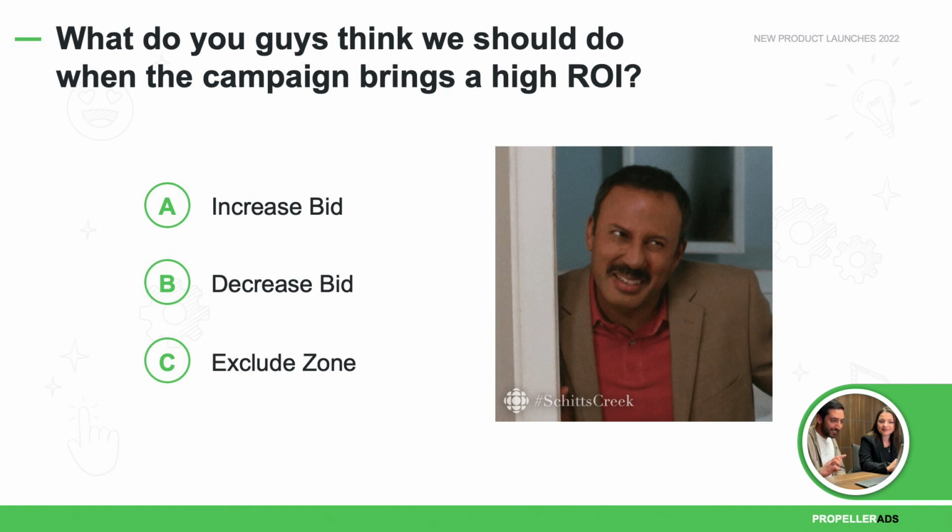Rebecca, I have a nice theory that suggests that C is also correct, by creating a whitelist campaign only with the excluded zone, etc. But this is a very different story, and Diana told me that we have the rule-based optimization for this reason, so we should use A. Yes, because you just have one campaign, you set a rule, and if the specific zone is bringing you a nice amount of conversions and the price is really good, why wouldn't you get more traffic from there? You don't need to create a new campaign. You can do it via the rule-based optimization. So you're the master of your campaign. You can do whatever you want. You can choose any option, but this is what we basically suggest.